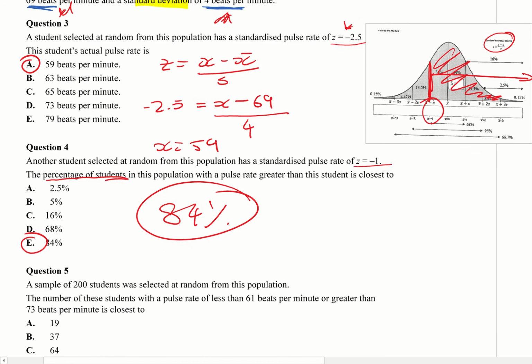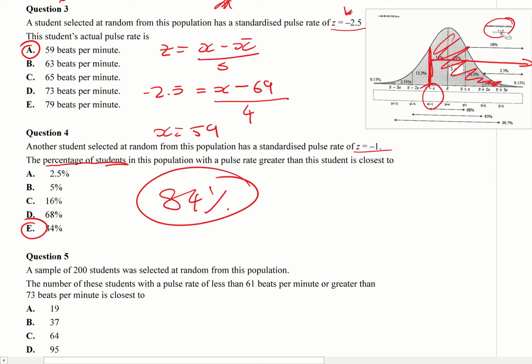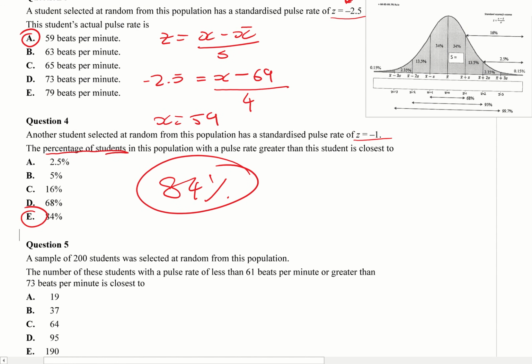Okay. Let's go to question 5. Keep that in there. Question 5. A sample of 200 students was selected at random from this population. The number of these students with a pulse rate of less than 61 beats per minute or greater than 73 beats per minute is closest to what?